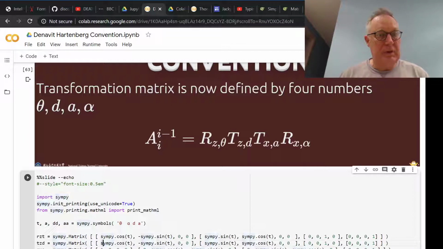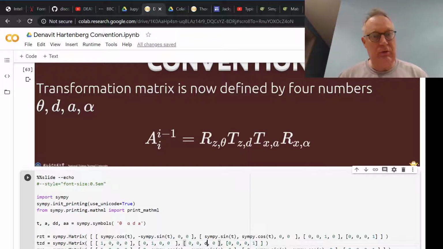So displacement along z is easy, right? That's 1, 0, 0, 0, 0, 1, 0, 0, 0, 0, 1, 0, 0, 0, 0, 1. And this here should be d.